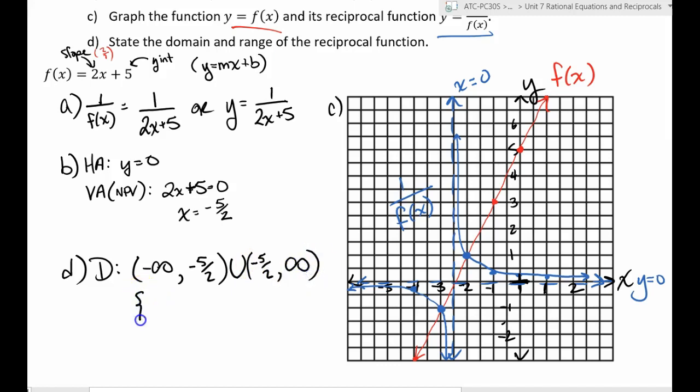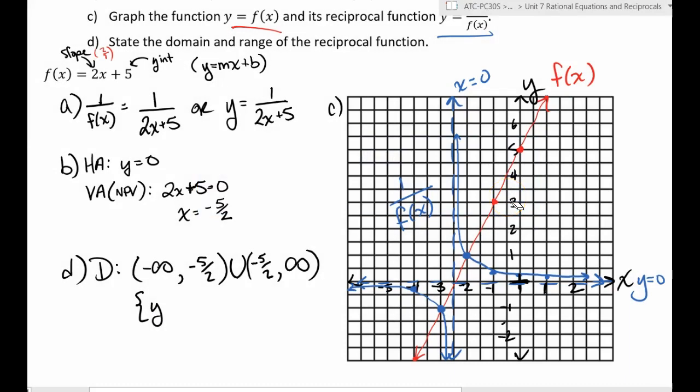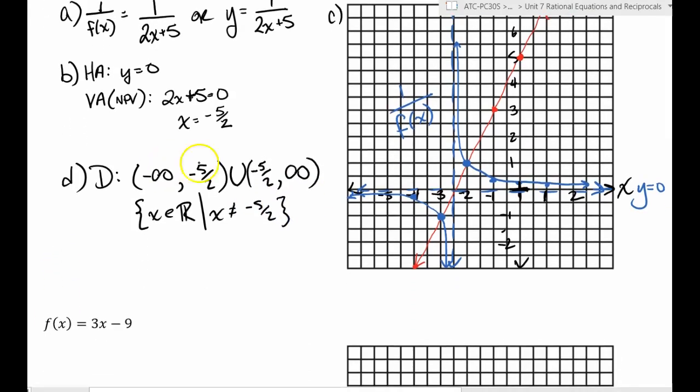If you prefer set notation, sometimes this is actually easier. x is an element of the reals where x cannot be -5/2. Whereas I love interval notation when we're dealing with continuous functions, once we get to discontinuous functions, they're a little bit uglier.